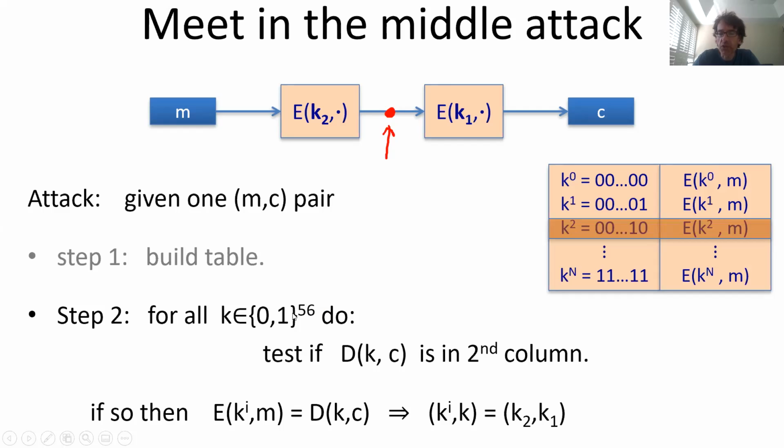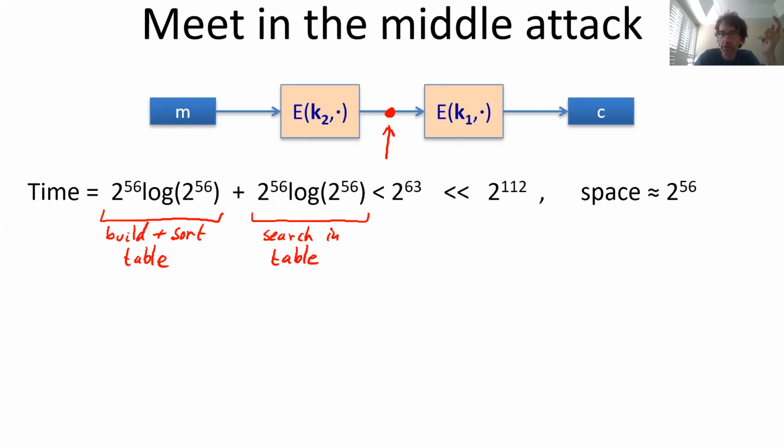So 2 to the 56 choices, and for each of them, you decrypt C, and you check if the decryption is somewhere in this table. If you found a collision, then that's the key. Your key is K1, and the key in this row is your K2. So basically you're done, except, how long did it take you?